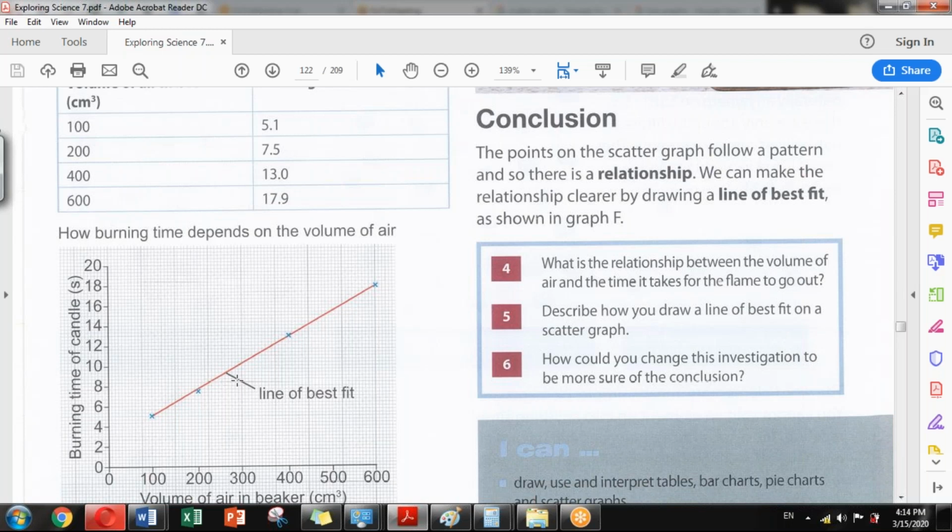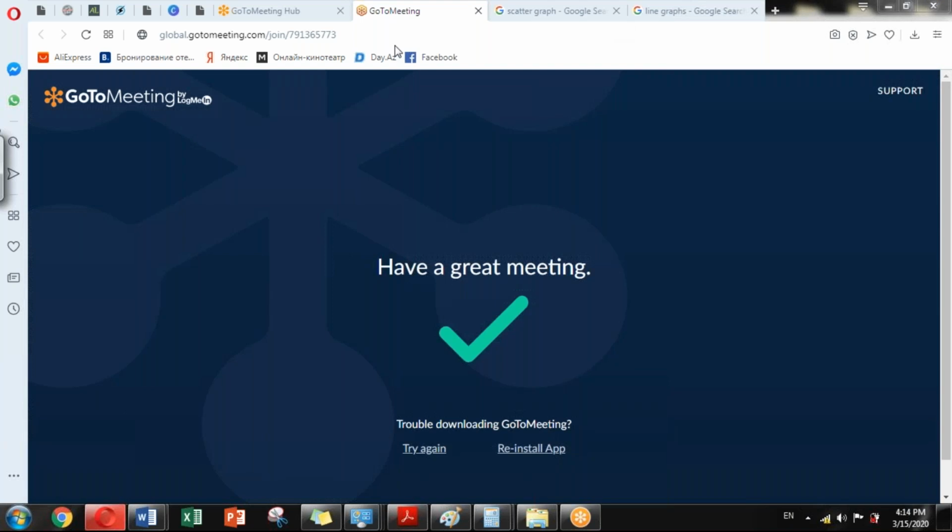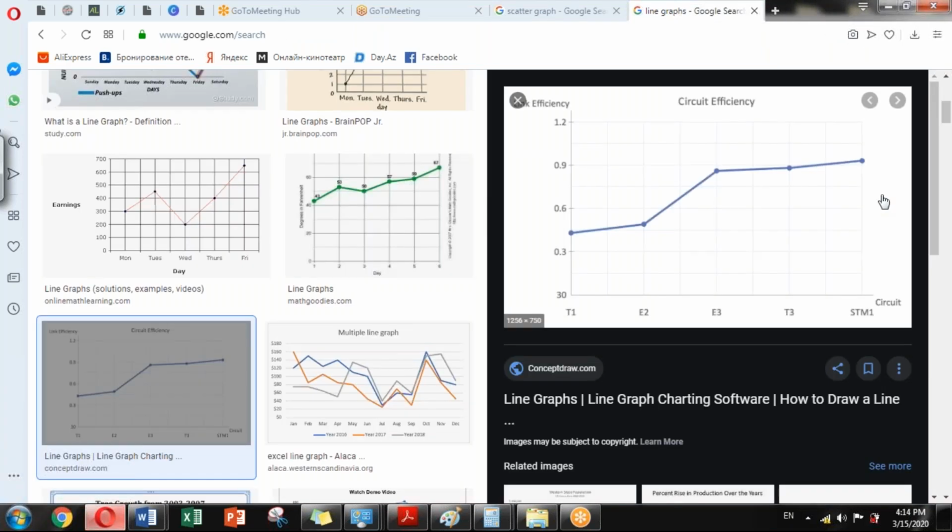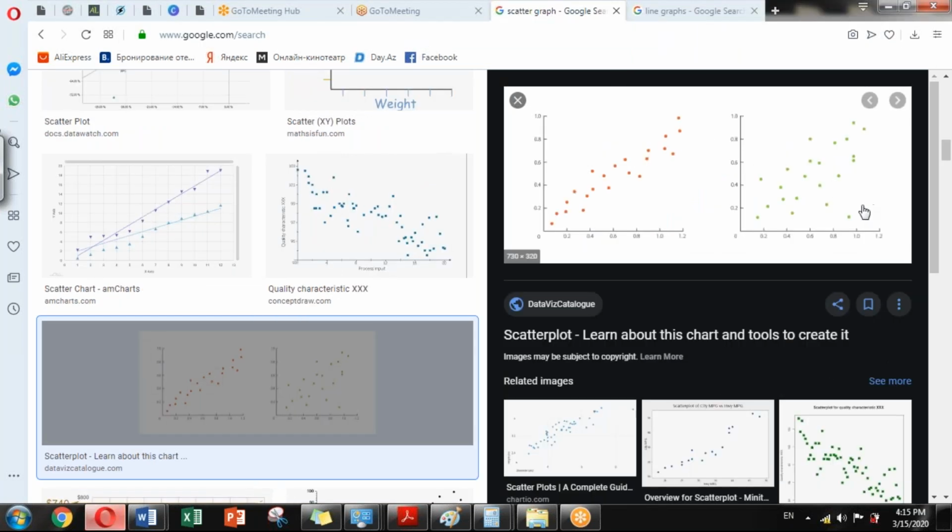Okay, but you can ask what's the difference between line graph and scatter graph. This is a line graph. In a line graph, we get dots, and with the line we can connect them. So there's no straight line, but we get a line graph. And in the scatter graph, we get scatters, dots.